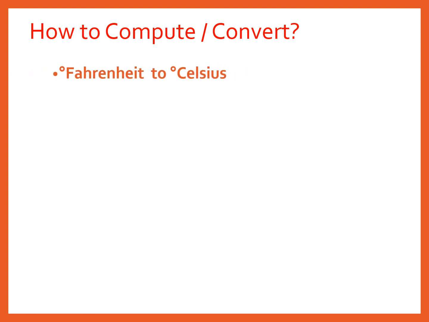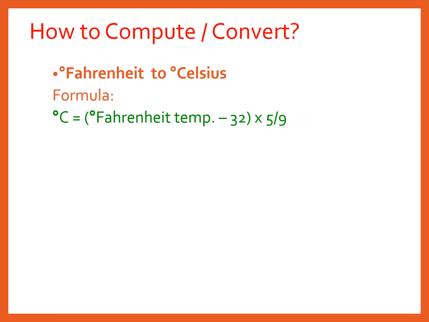First, Fahrenheit to Celsius. The formula is: Celsius is equivalent to the Fahrenheit temperature minus 32, times 5 over 9. For example, we need to convert 100 degrees Fahrenheit to Celsius.